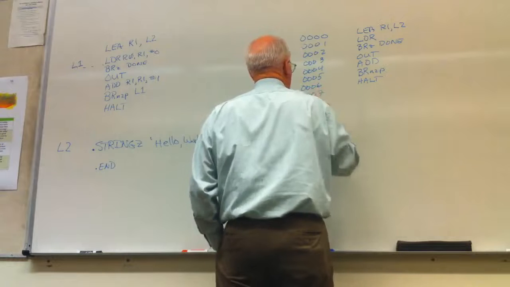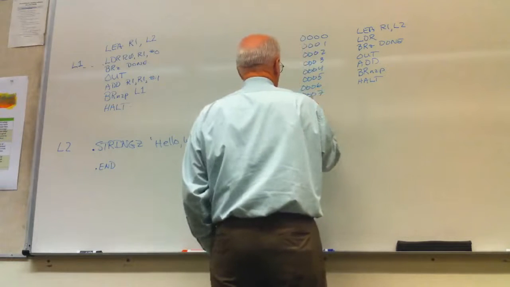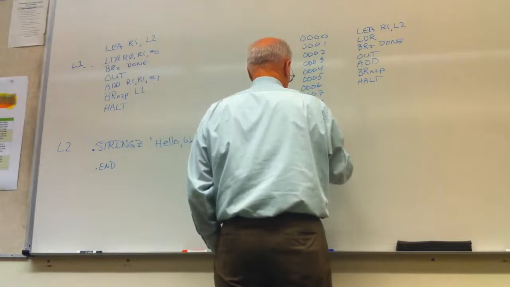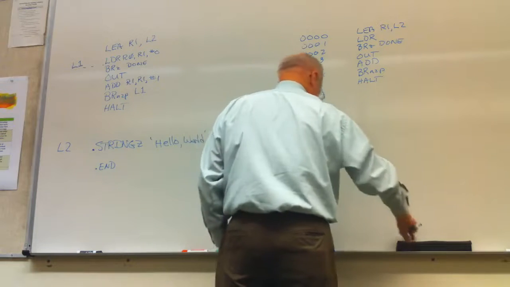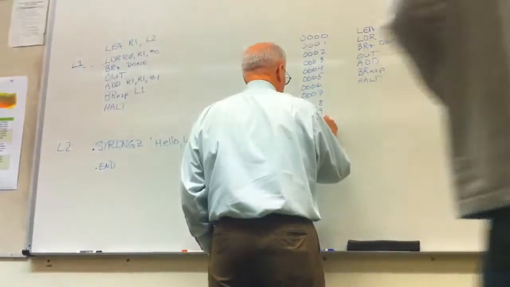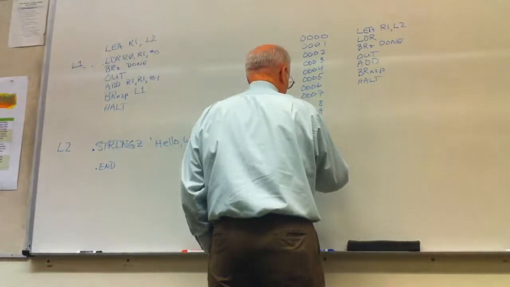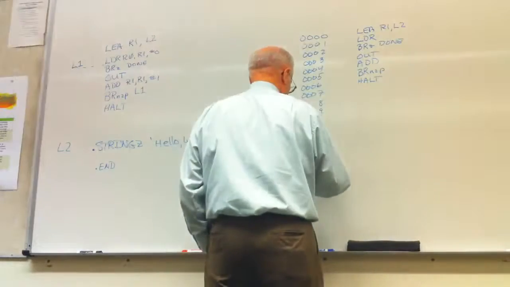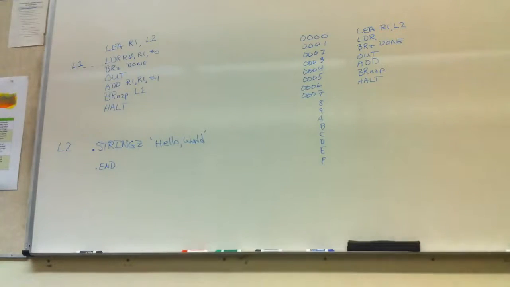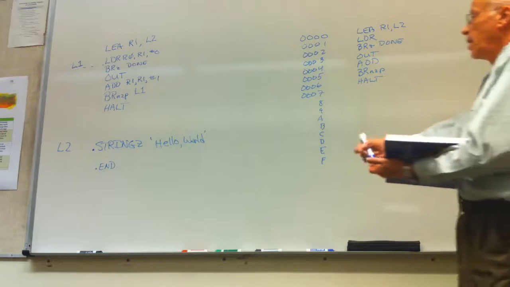And so now 7, 8, 9, 10, 12, well, see, these are all done in ASCII, so I better do it there in hex. As we go through this thing, this is what we're actually going to find in those locations.